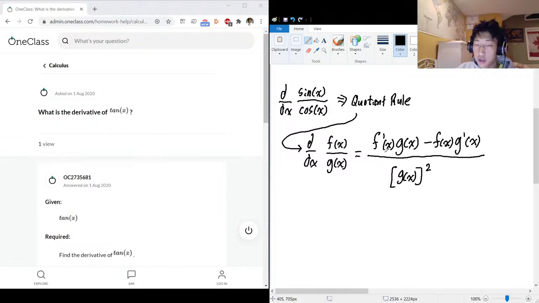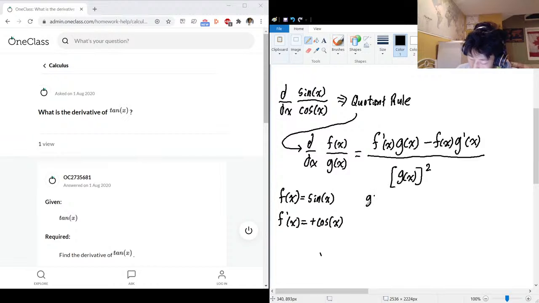So this is our general formula, so let's input our specific case of our top being sine x and our bottom being cos x. In this case, our f of x equals sine x. The derivative of this, f prime of x, equals positive cos x.